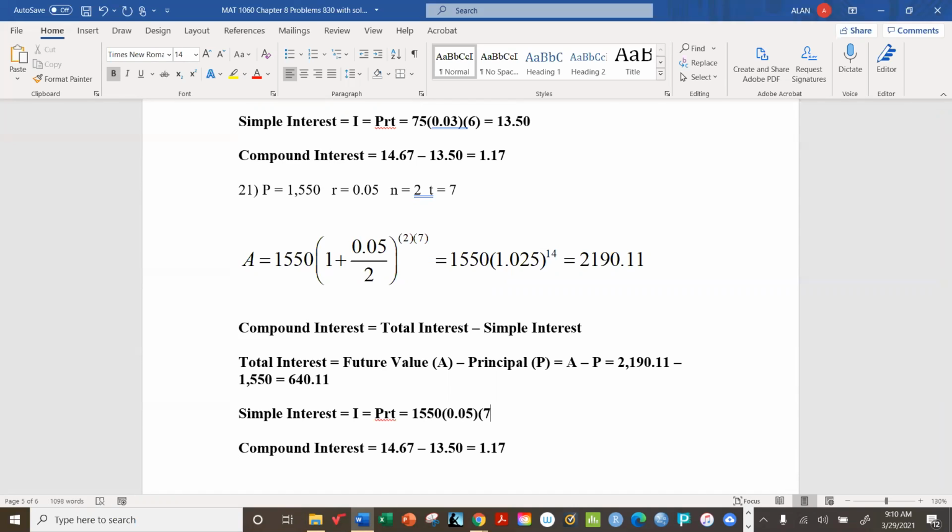Wait a minute. No, times 7, sorry. It's 7 years. Okay, so 7 years at 5% times 1550 is 542.50.